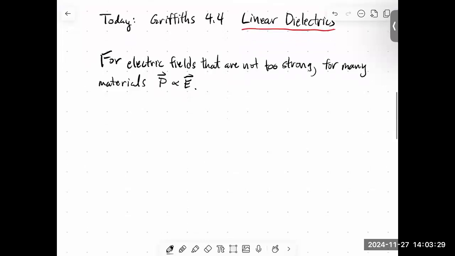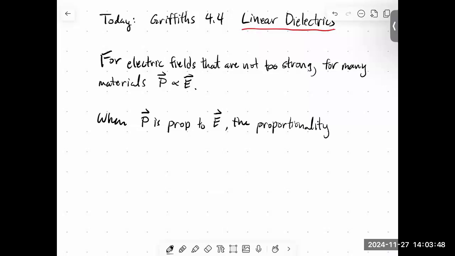Okay, so when P is proportional to E, we have a proportionality constant that's called the electric susceptibility.